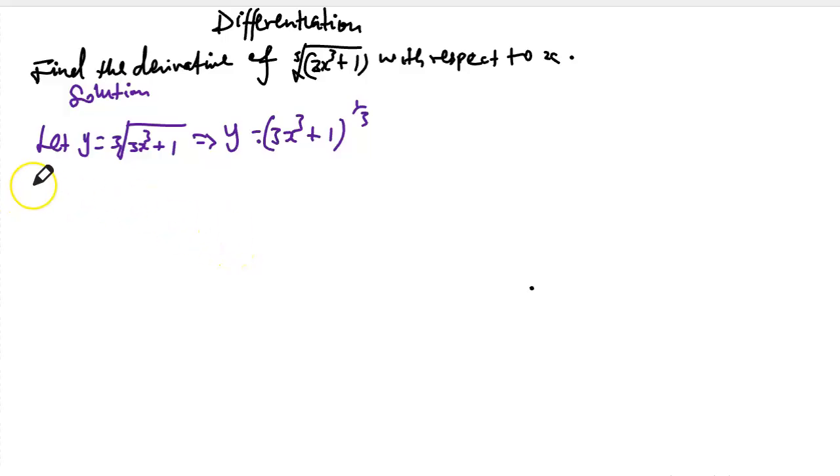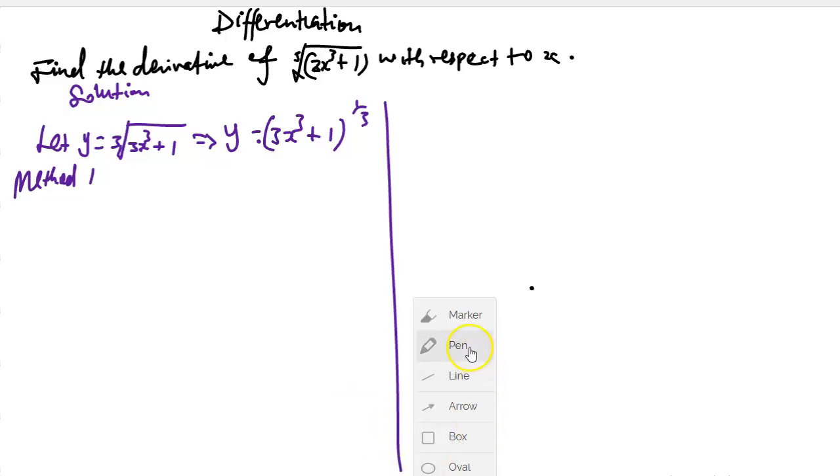So method 1, I'm going to use the law of indices.